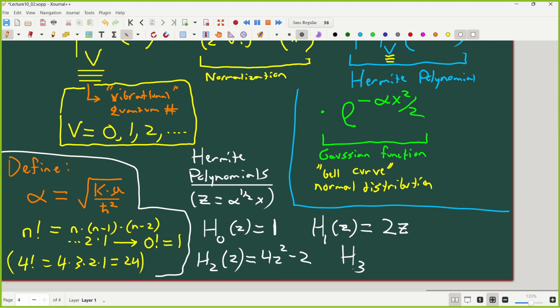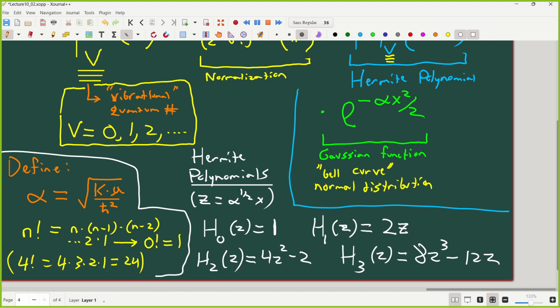And the Hermite polynomial for v equals 3 is 8z cubed minus 12z. Okay, let me put this together. Now that I have everything written down, I know it's a lot of stuff, but we'll see how it simplifies very quickly.